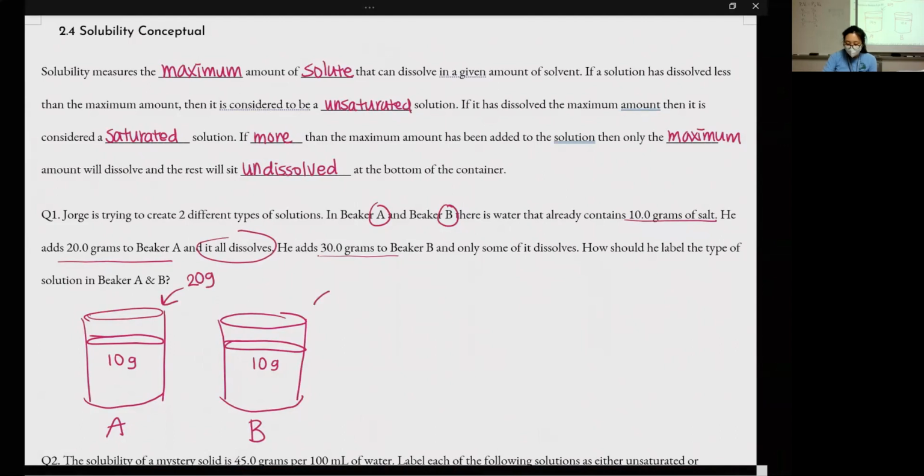If he added 30 grams, then some of it is left undissolved. So because beaker A dissolves everything, but beaker B doesn't, beaker A will be unsaturated.